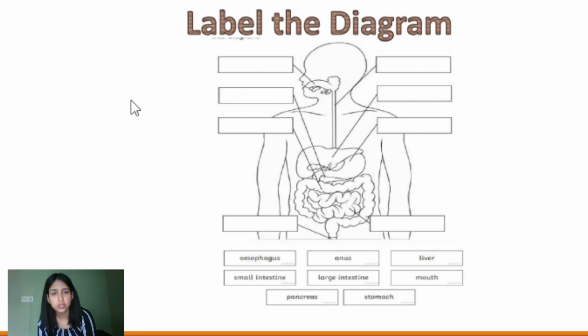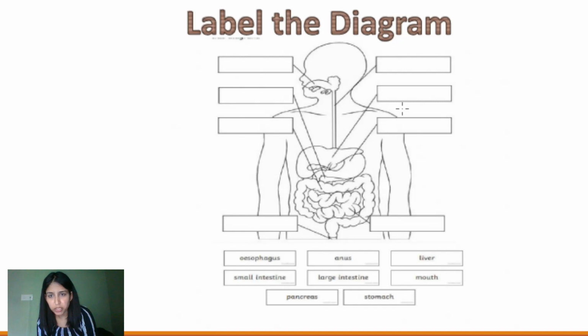Yes, in this, what should be coming? Yes, very good, students. So mouth will be coming here, or we can say the buccal cavity. Yes, the mouth will be there, as we can see from the hints. And then we have the esophagus here. Very good. And this is what is called the liver.